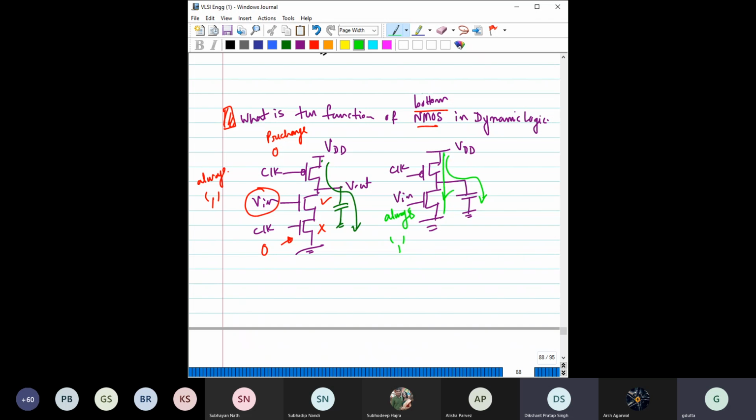So you have a direct path from here to here. So you have a static power dissipation issue as well. Depending on the size of this, it might happen that the capacitor is not at all actually charging; the complete thing is passed to here. So that is the utility of this bottom NMOS for dynamic CMOS logic.